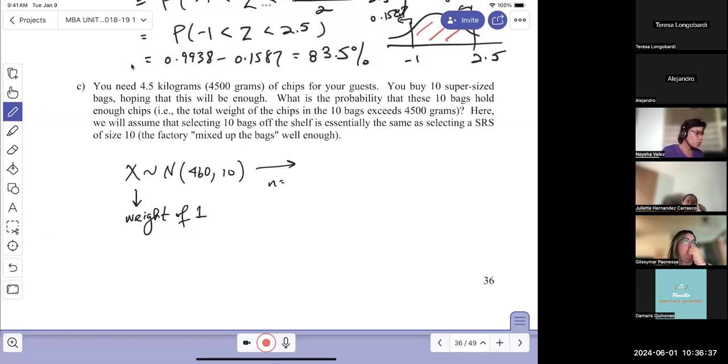Then with a sample size of 10, X bar is also normal with a mean of what?